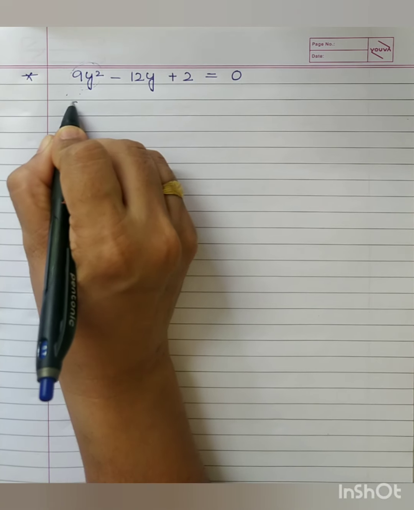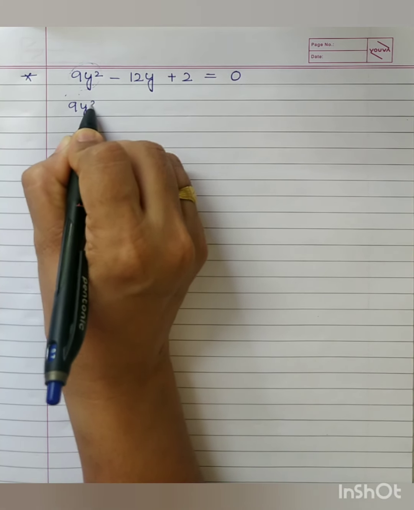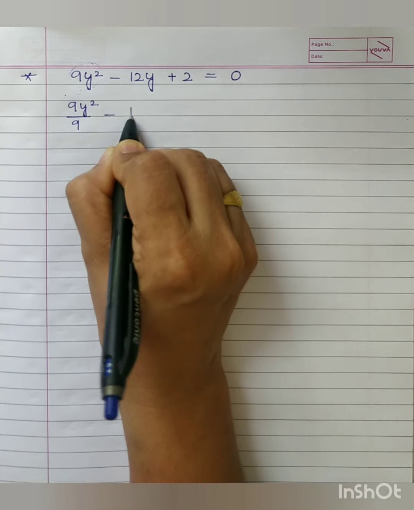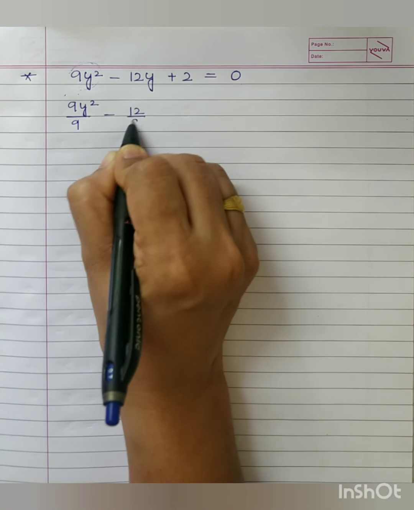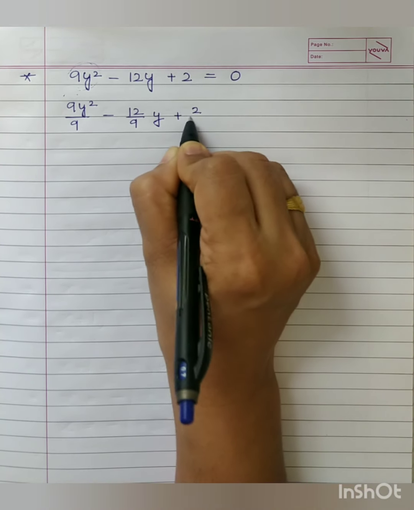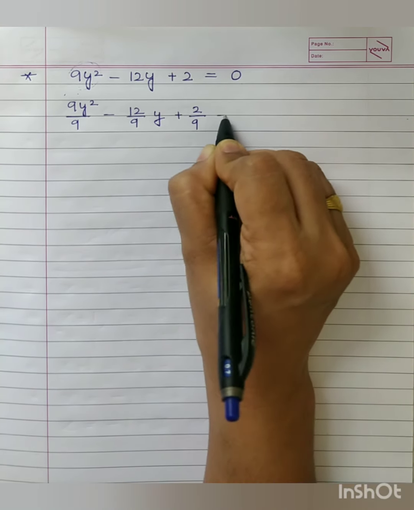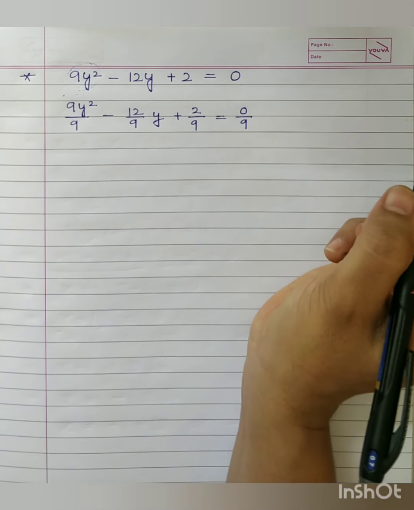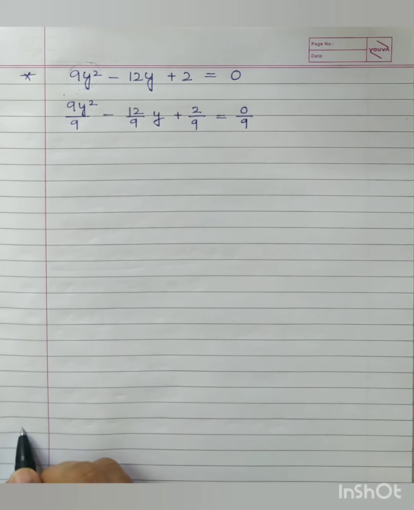by 9. So 9y square upon 9 minus 12 upon 9y plus 2 upon 9 equal to 0 upon 9, which remains as 0 only, right?